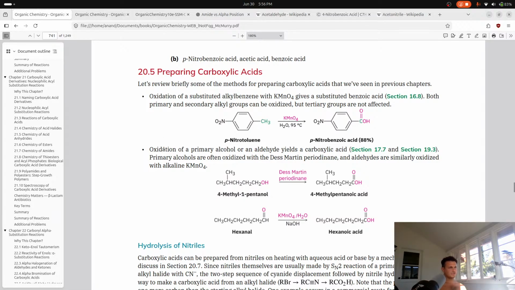All right. Oxidation of a primary alcohol or an aldehyde yields a carboxylic acid. Right, so we can do this. So this is formation.